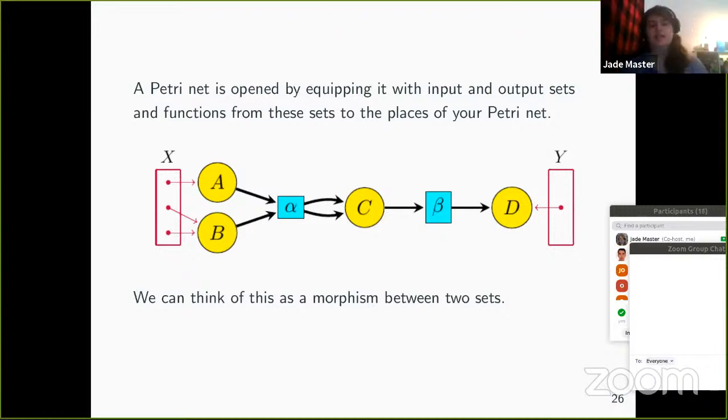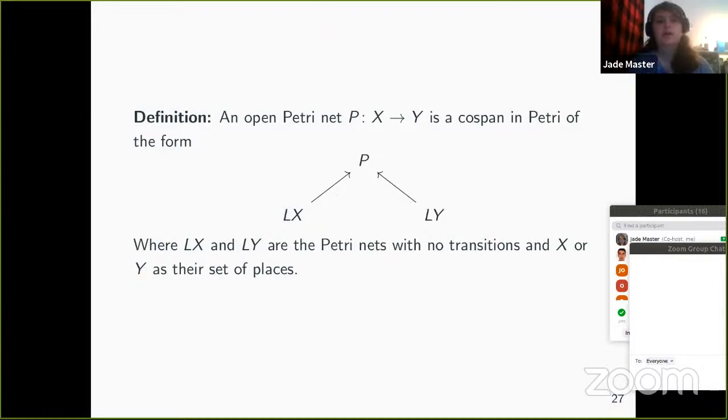In the picture that I described at the beginning with syntax and semantics, we can think about these open Petri nets as morphisms in a category of syntax. More formally, an open Petri net is a cospan in the category Petri of the following form.